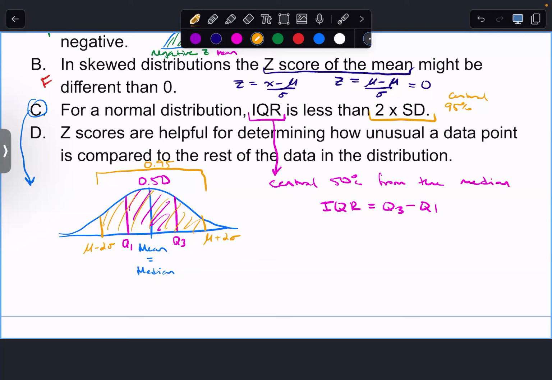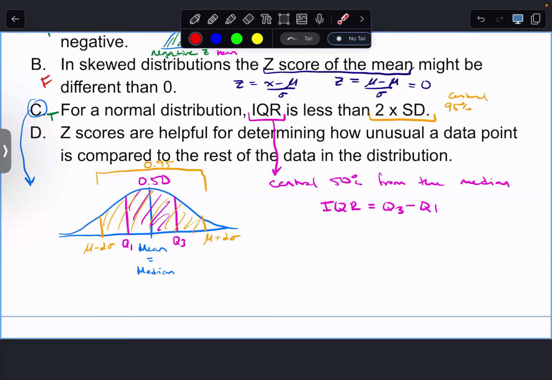Again, a lot of knowledge going into these true, false. The next one is just a fact. Z-scores are helpful for determining how unusual a data point is compared to the rest of the data in the distribution, right?